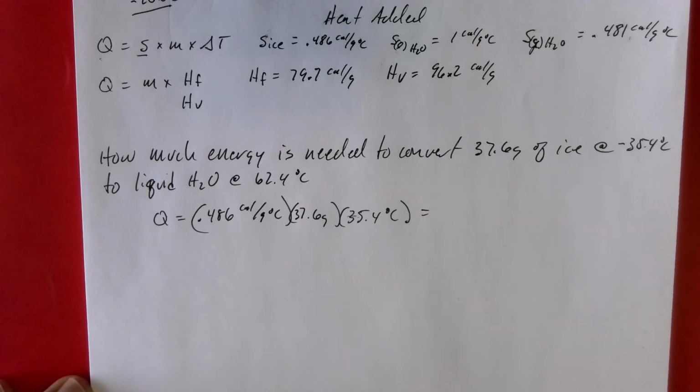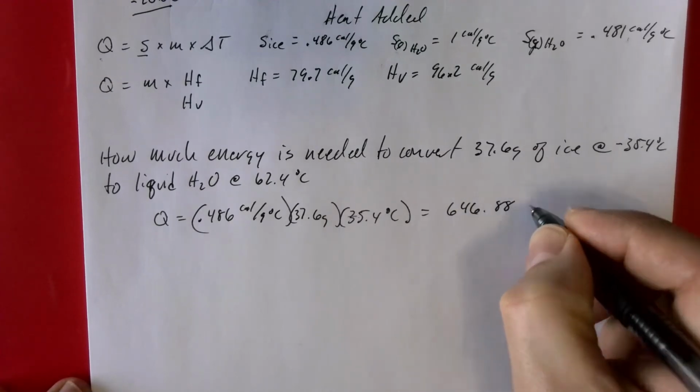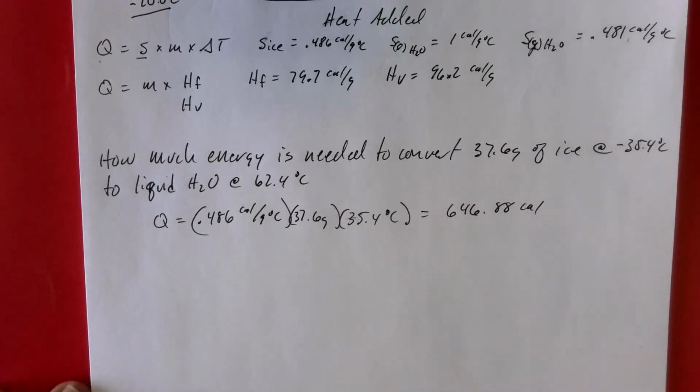Do you want it with sig figs or no? I would just do it, and then when we're done, we'll go sig figs. Okay. 646.88544. That's plenty. 0.88 calories. Okay, so we're good to there.